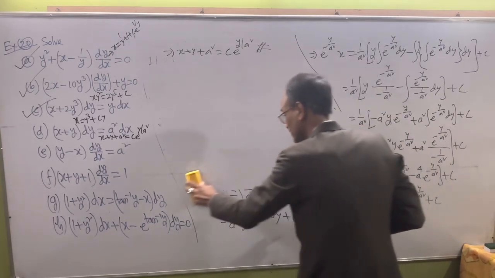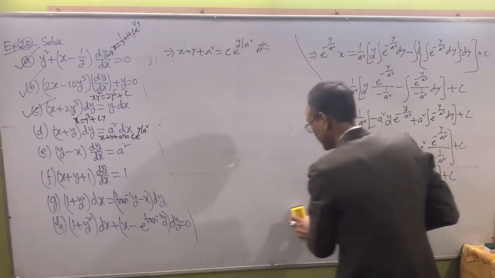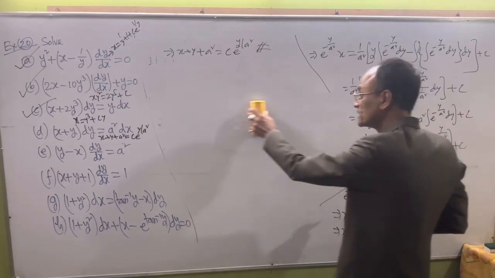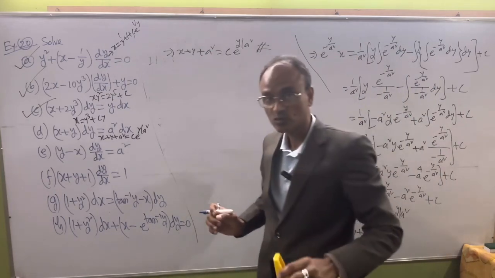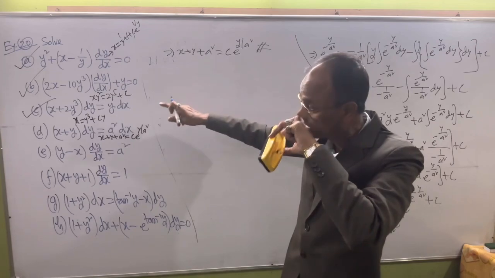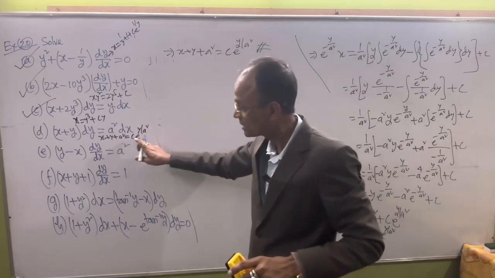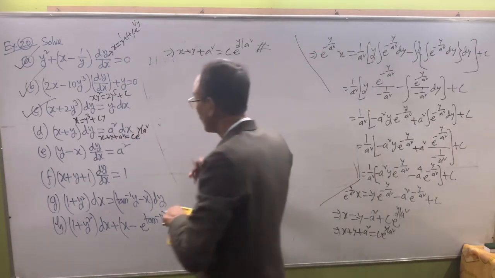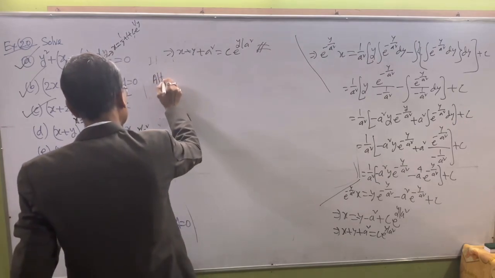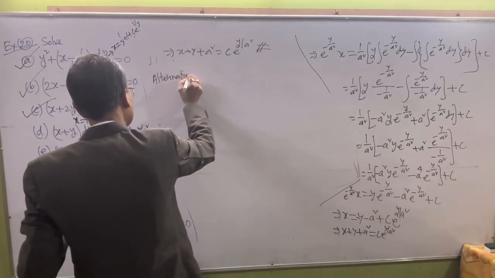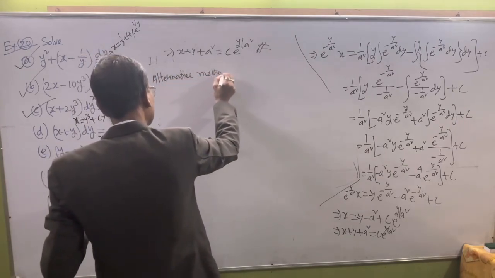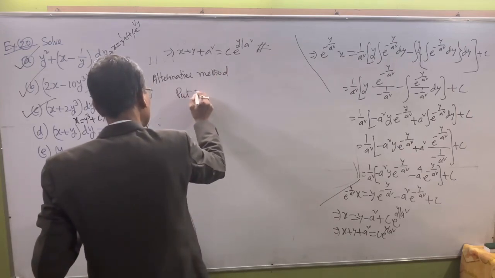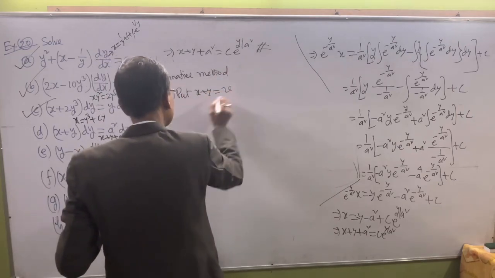Now, मैं बोला था आप लोगों को जो अल्टरनेटिव मेथड से भी मैं करके देखूंगा तो आंसर तो यही होगा, x plus y plus a square equal to c into e to the power y by a square. Now, alternative method. Put x plus y is equal to v, suppose.